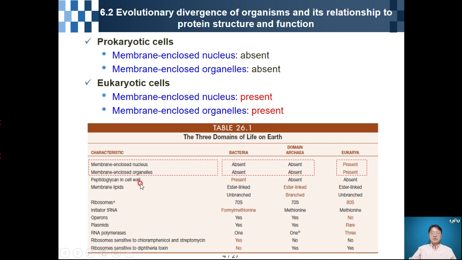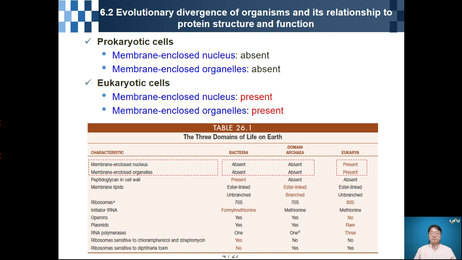There are several other differences between the prokaryote and eukaryote, but I will not cover them in detail. And what's the big difference between bacteria and archaeobacteria? I will show the big difference in the next slide.